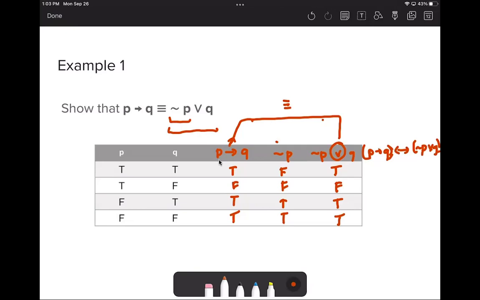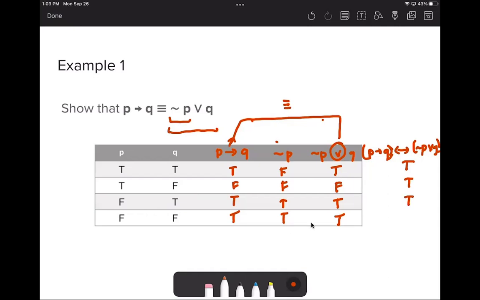Now if P implies Q is true and not P or Q is true, that is also true, meaning this will be true. And when they are both false, this will give us a true. Then they are both true if P is false and Q is true, so that will also give us a true.